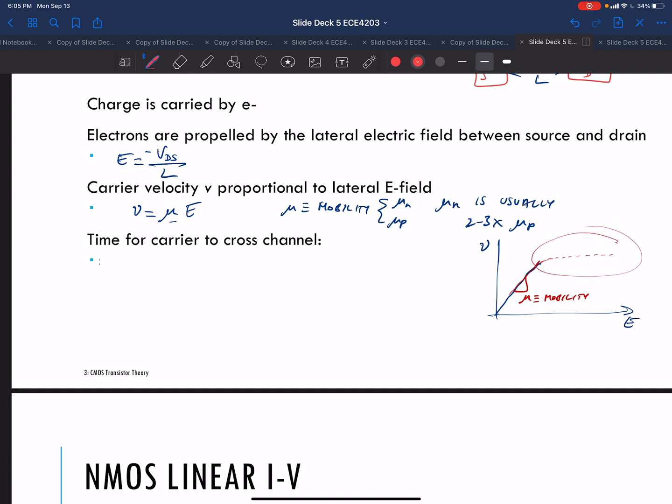For now, we're just assuming the velocity of the charges going across the channel depends on the electric field with this parameter, mobility. And then the total time across the channel is the length of the channel divided by this velocity.